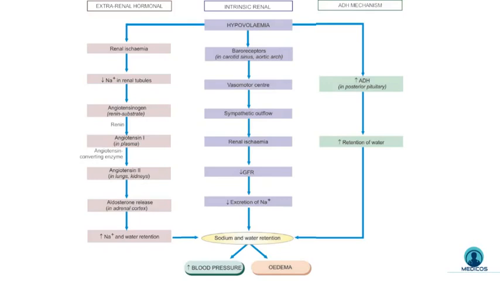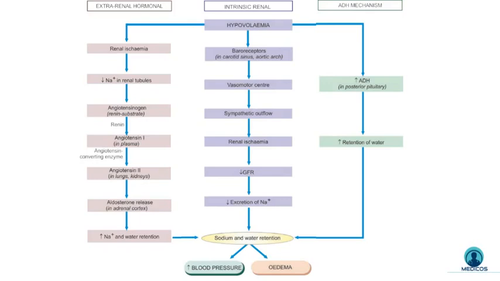And in the extrarenal hormonal mechanism, decreased cardiac output results in decreased renal blood flow, which activates the renin-angiotensin-aldosterone system with the resultant retention of sodium and water. And in the ADH mechanism, the hypovolemia increases ADH production, which causes water retention, along with many other factors.